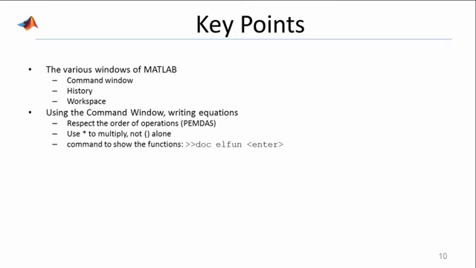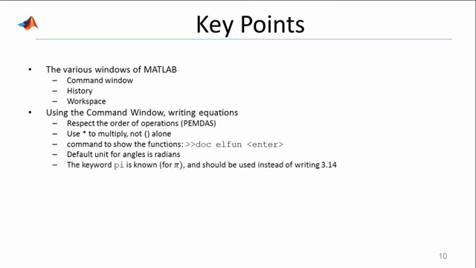The command window to show all the functions, so all the buttons that we used to have, is doc for the documentation, lfun for elementary function. The default unit for angles is radians, and the keyword pi is absolutely known. Use the up and down arrow keys to call back what you've already done.